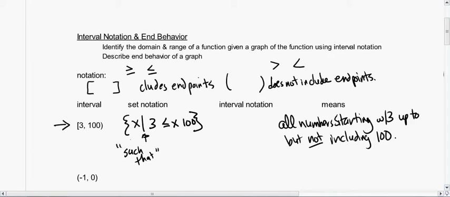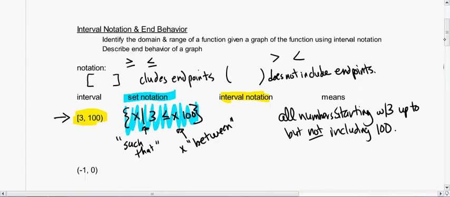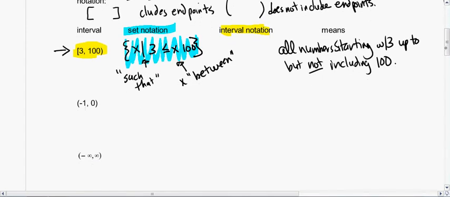So all x's such that x is between 3 and 100, including 3, but not including 100. So this is the interval notation, and this is the set notation.